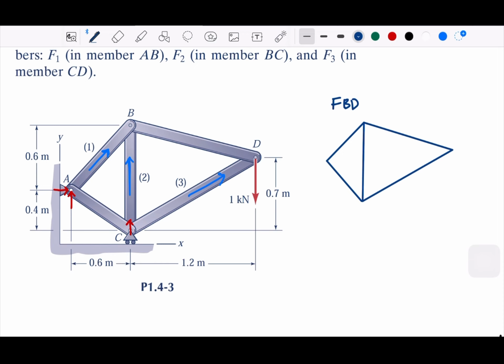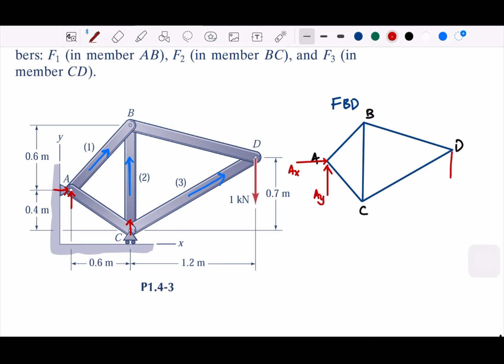This is A, B, C, D. Then we take AX and AY.